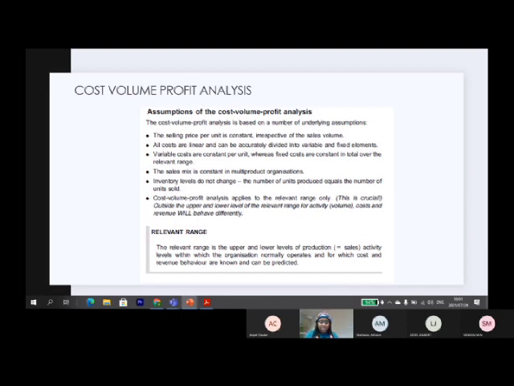Let's say the normal capacity of my factory to produce sweaters is 10,000. So you're working within that range of saying that I am capable of producing 10,000 sweaters. Anything outside that range of 10,000 brings a whole lot of different elements, different costs, different selling price.